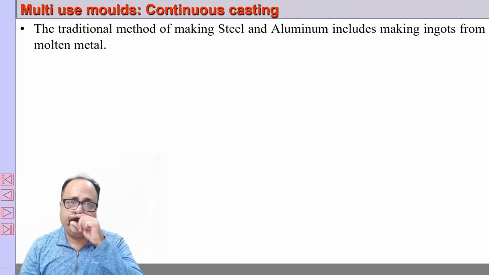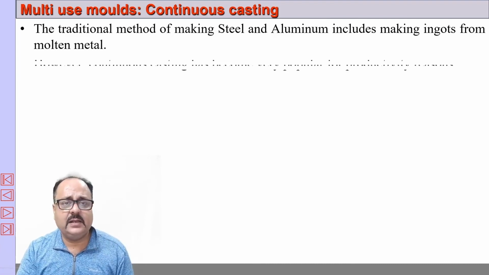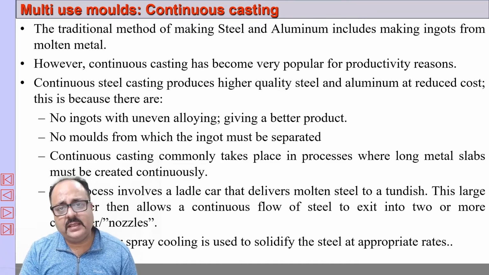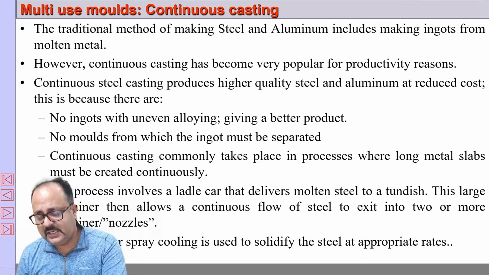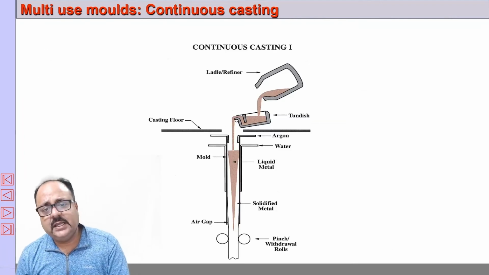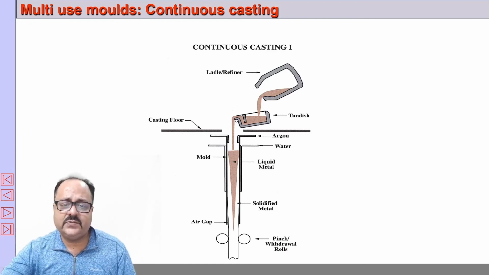Okay, now the traditional method of steel making includes making ingots from molten metal. Nowadays in the steel industry, they are not making ingots and then further processing them into steel plates or sheets. Rather, the steel is produced and directly cast using continuous casting, where there is a water cooled copper mold.